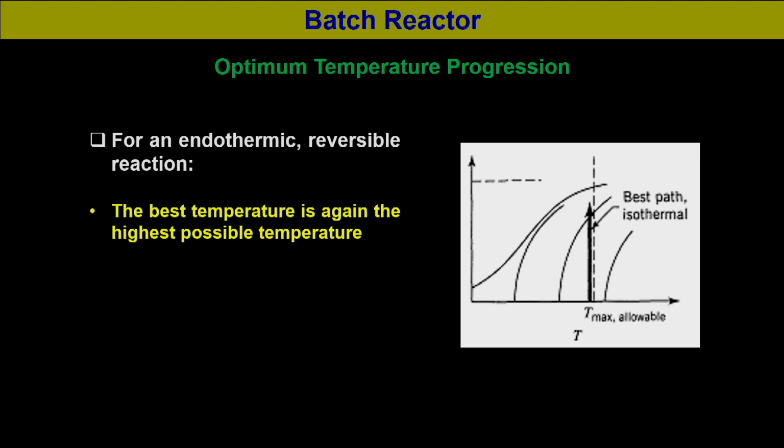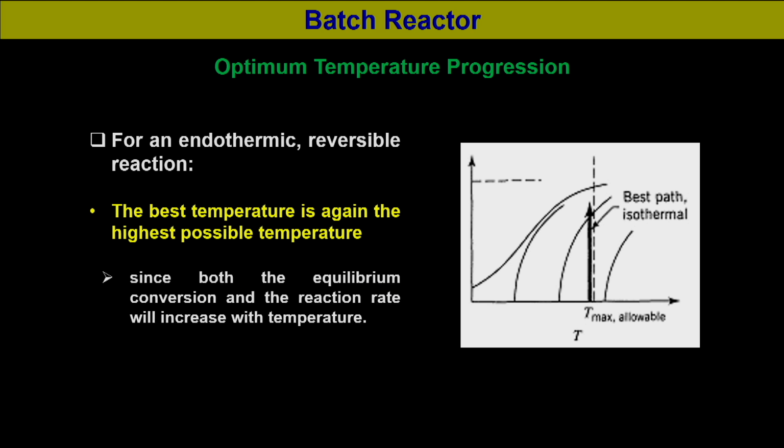So, in this case also, similar to the single irreversible reaction, the maximum allowable temperature is the optimum temperature. For an endothermic reversible reaction, the best temperature is again the highest possible temperature.